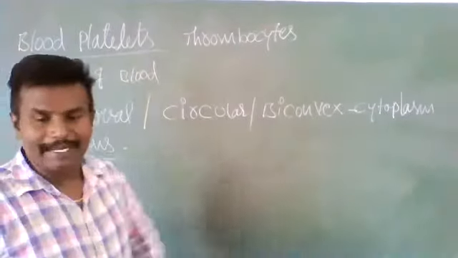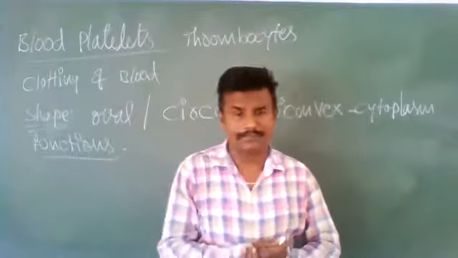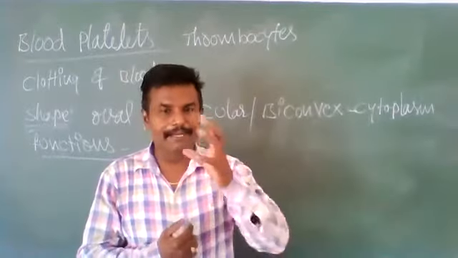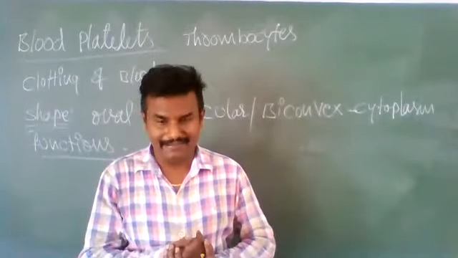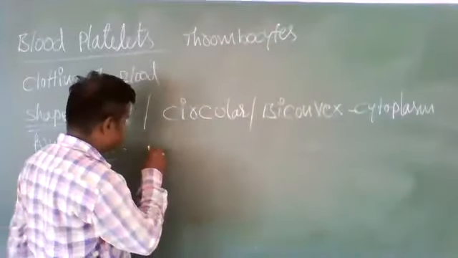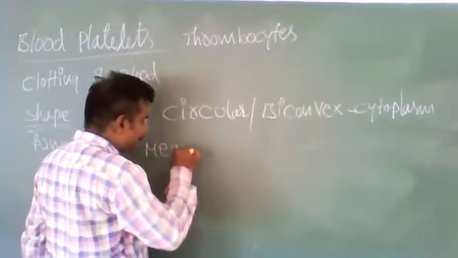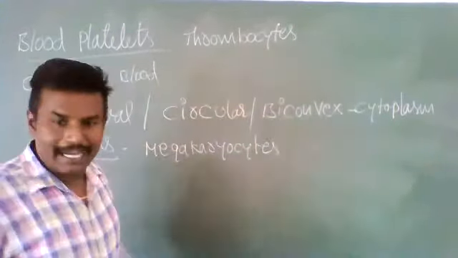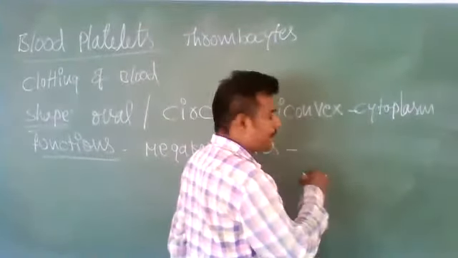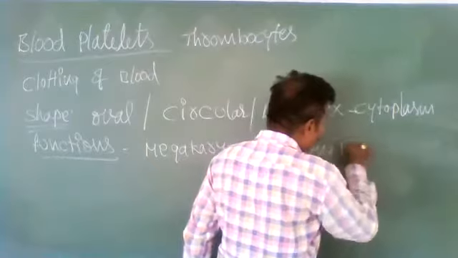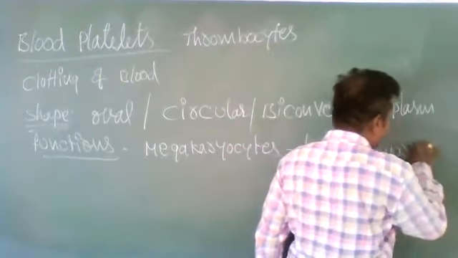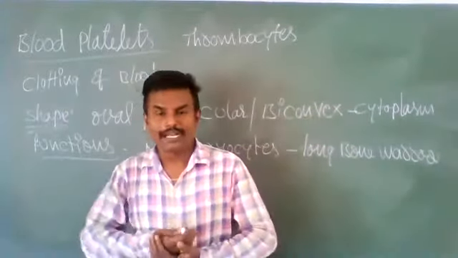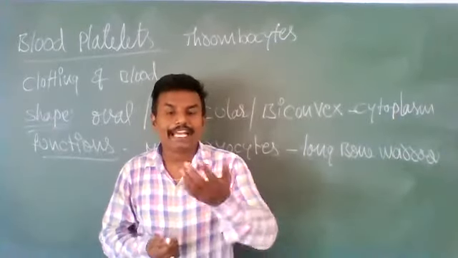Functions of blood platelets. Generally, blood platelets are formed from cell fragments. Those cell fragments are called megakaryocytes.